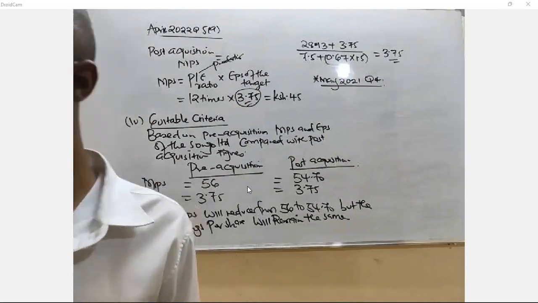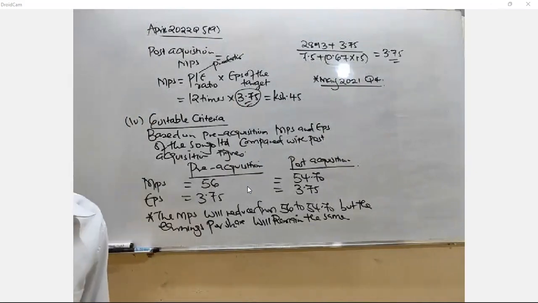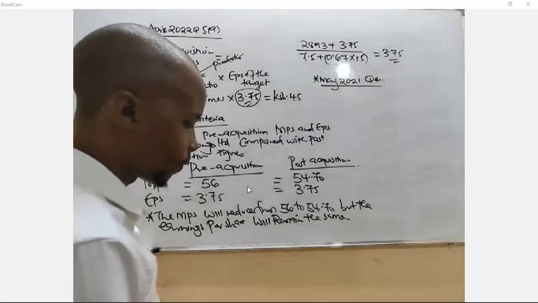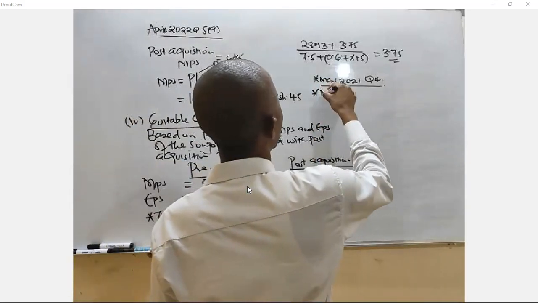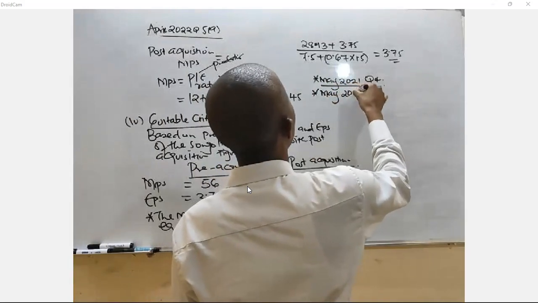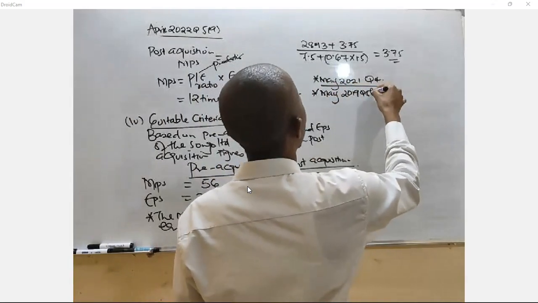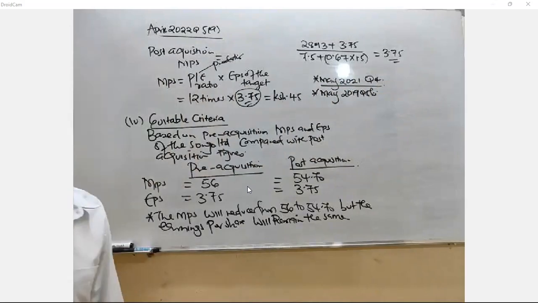You can see now people are exiting to go and sleep. Then there is another question which I'm supposed to do for you for better understanding. That question was tested in May 2019, question number 5B.